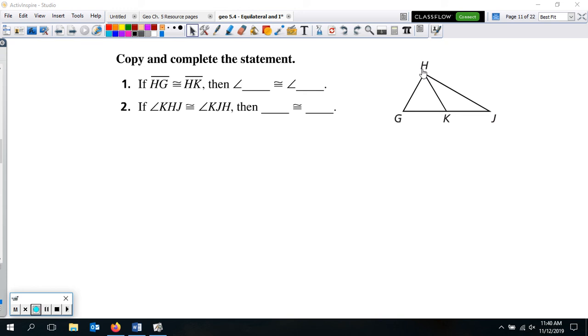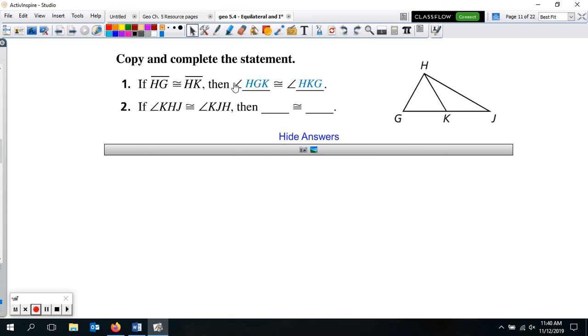Actually, it would be better to name it, since angle K could also be over here, as angle HGK congruent to HKG. So that's HGK and HKG, like I just said.